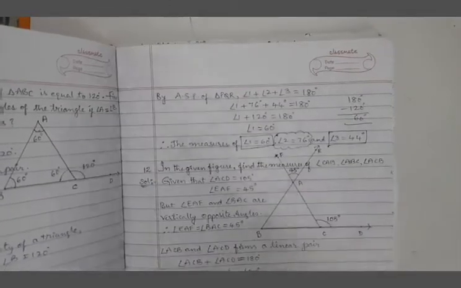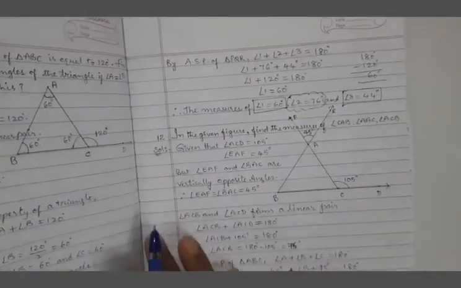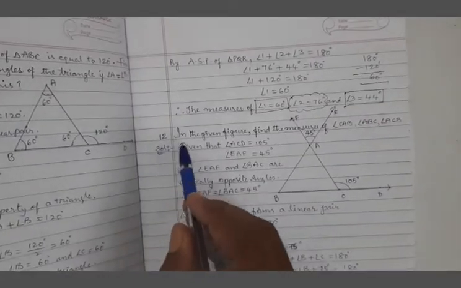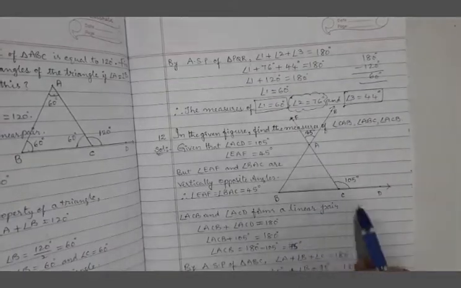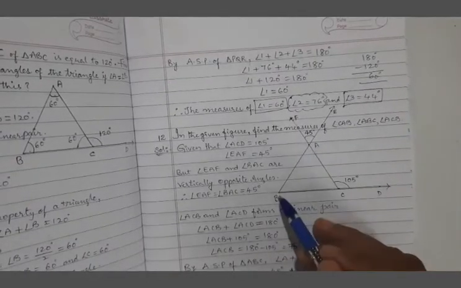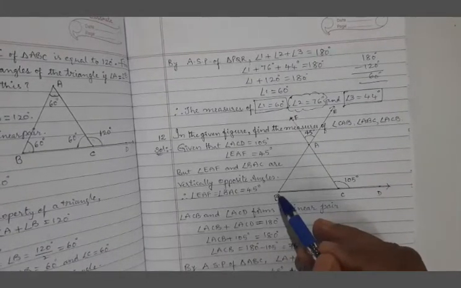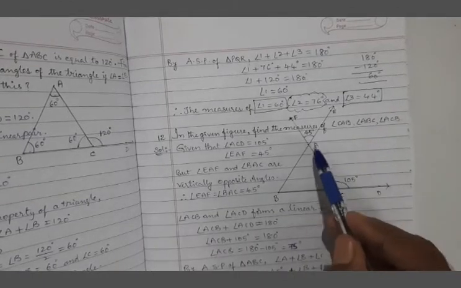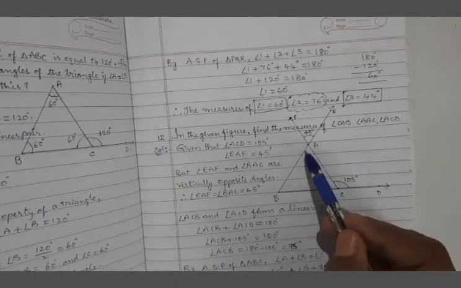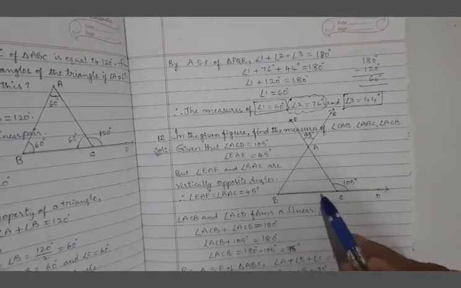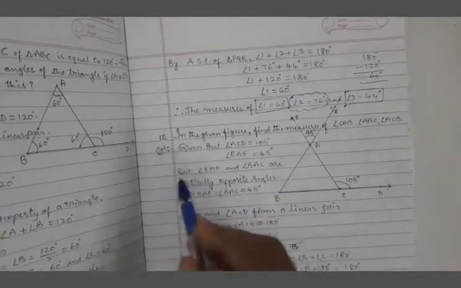Clear, children? So this is the way. Next, observe question number 12. In the given figure, find the measures of angle CAB, angle ABC, and angle ACB. So observe where I started.